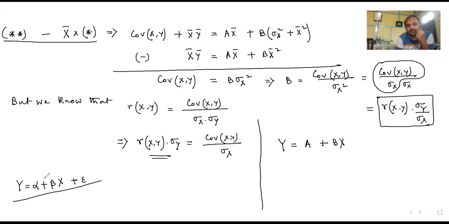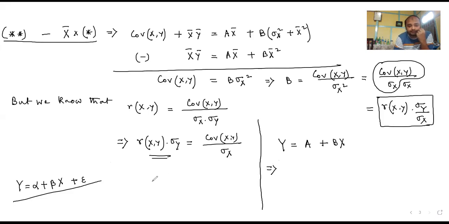But I am estimating alpha and beta by a and b, so that the sum of the squares of epsilon is very small. If the sum of squares of a certain quantity is very small, then the quantity itself is very small, which is negligible. That is why I'm not writing the error term over here.